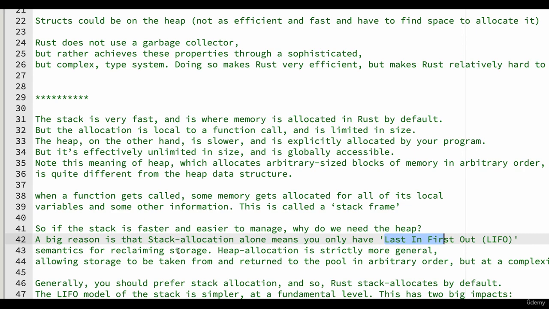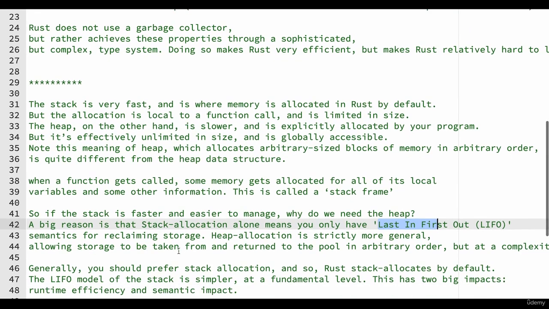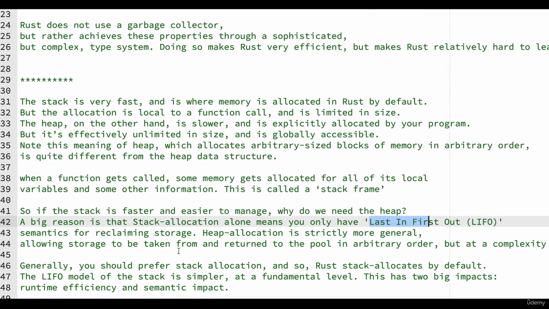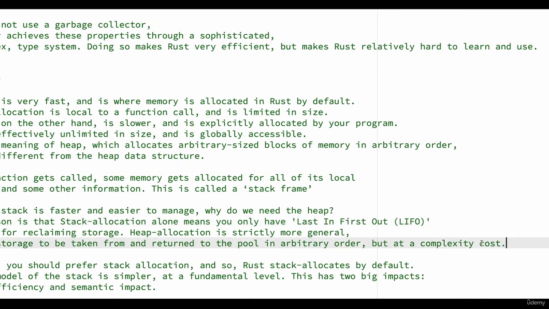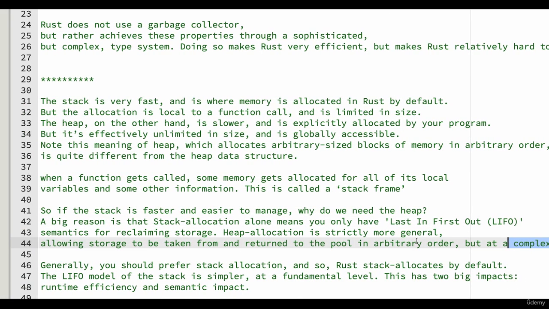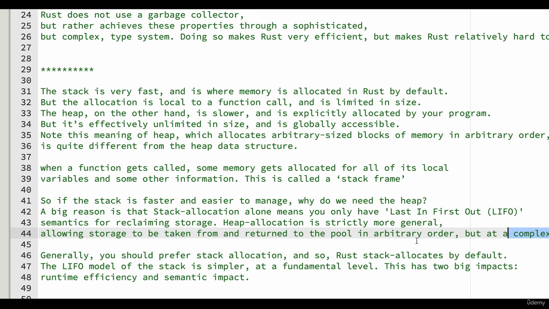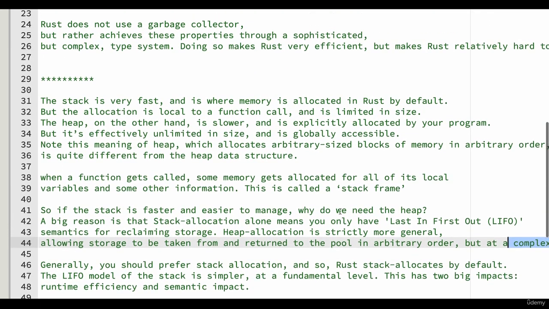Heap allocation, though, can be arbitrary, which can be beneficial if you say, no, I want this to happen in this order for whatever reason. But yes, there is a complexity cost. Since generally when you're programming you're going to use stack allocation, Rust defaults to stack allocation. But it's important to denote the two, especially moving ahead.